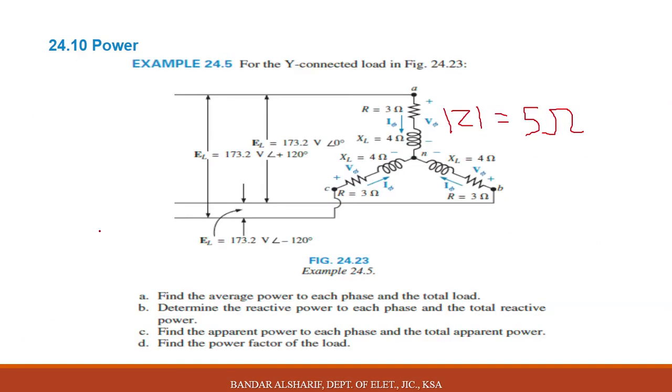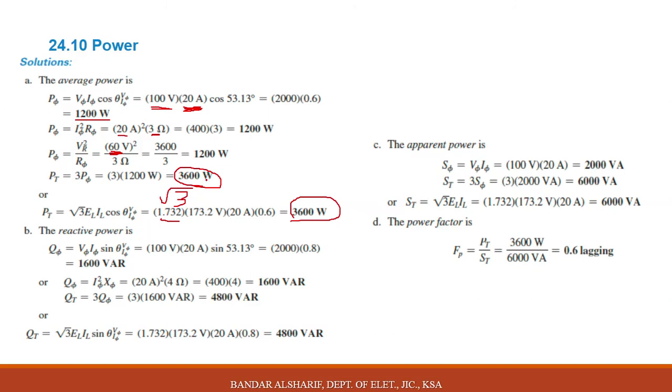Okay, we'll go to part B. Determine the reactive power for each phase and the total reactive power. Similar: V phase, I phase, sine theta, 100 by 20 by sine, see here sine not cosine, you will get 1600.